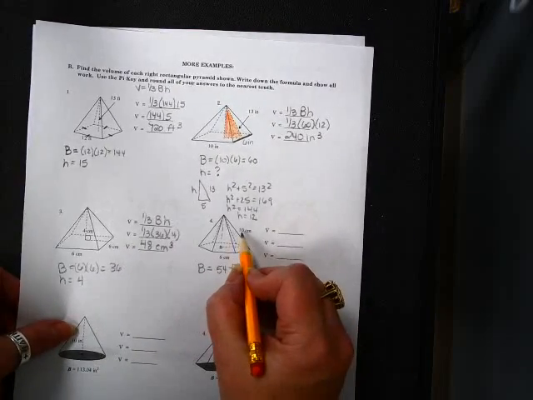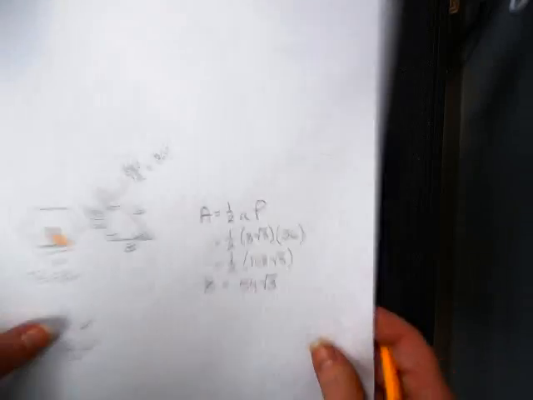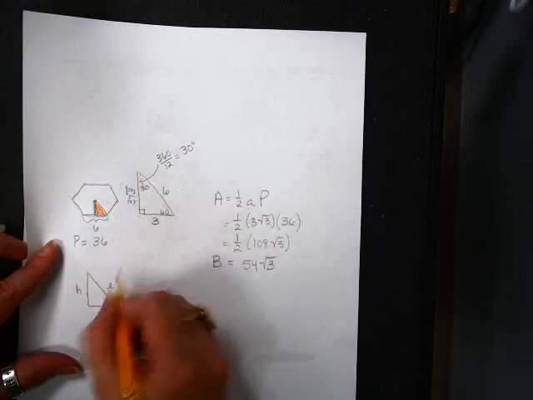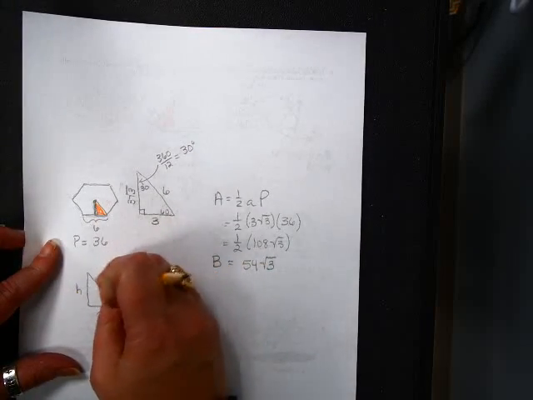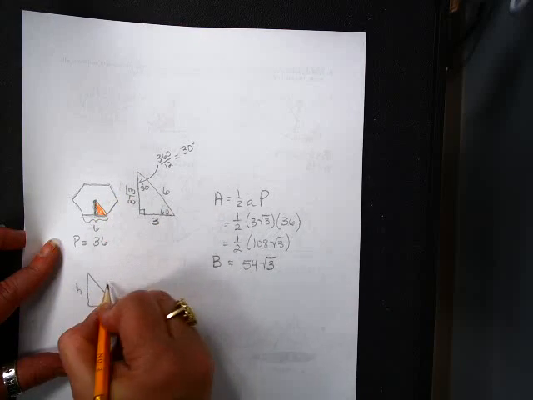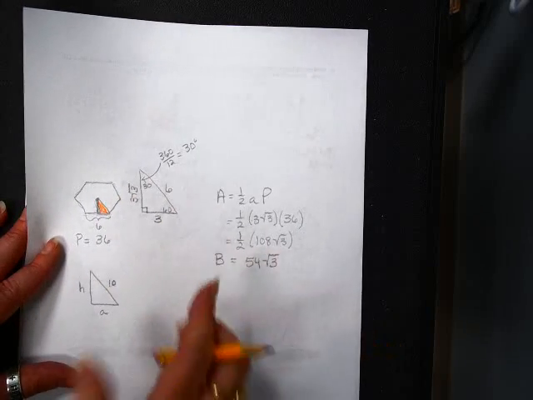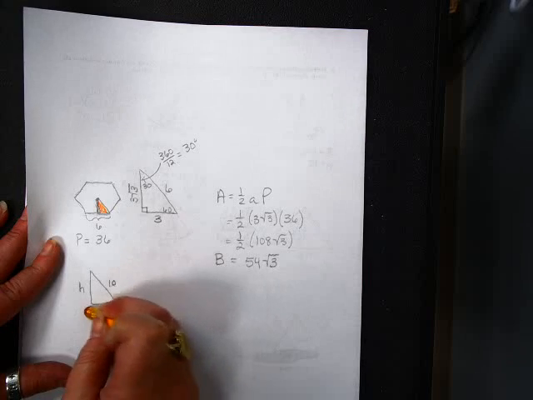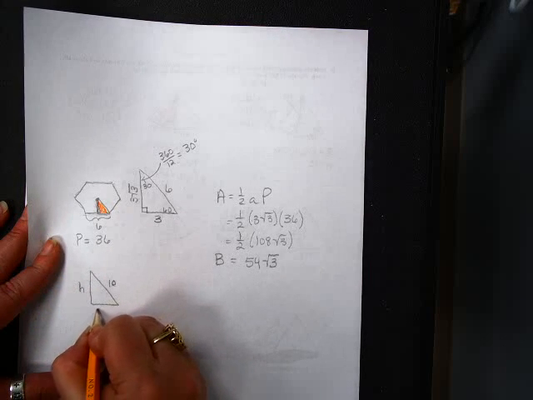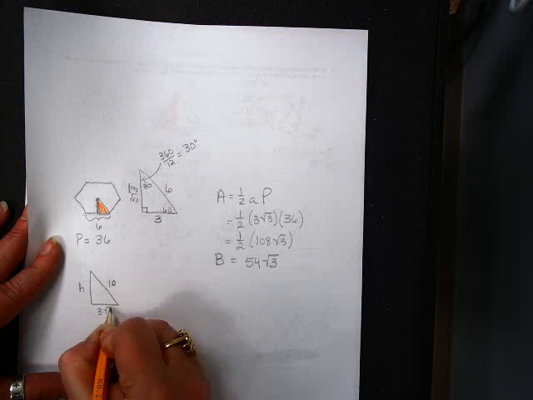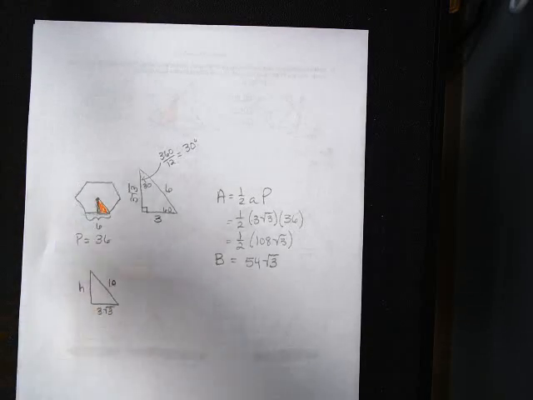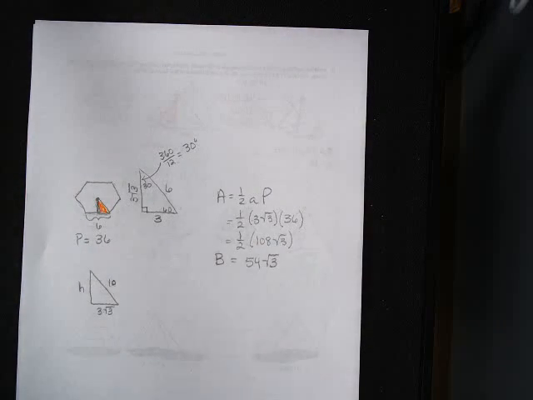So my slant height was 10. So this right here was 10. We already found the apothem. The apothem is what? Okay, so this is going to be 3 rad 3. And now the height. So you have to use Pythagorean theorem.